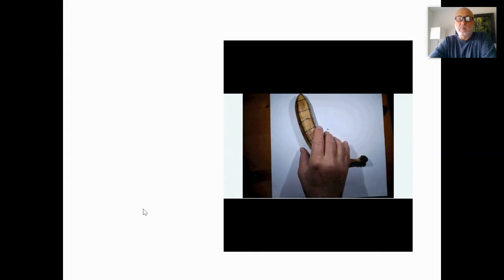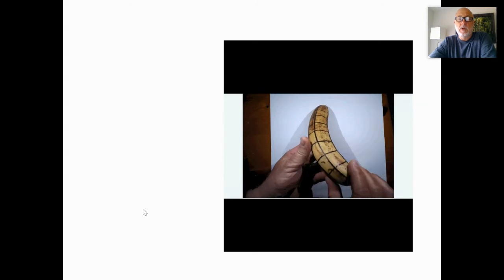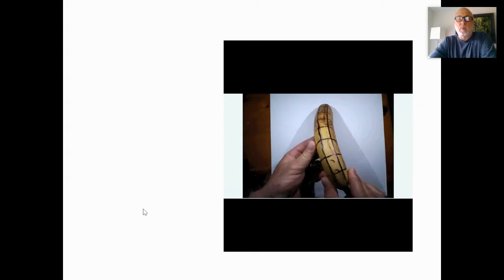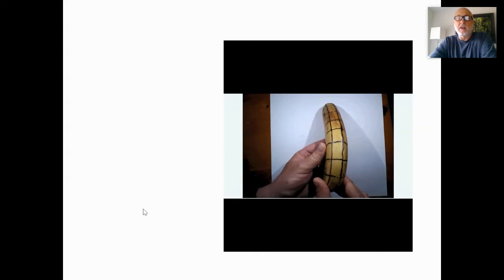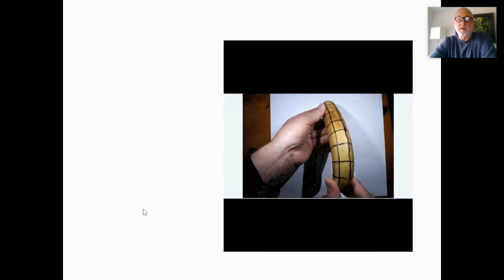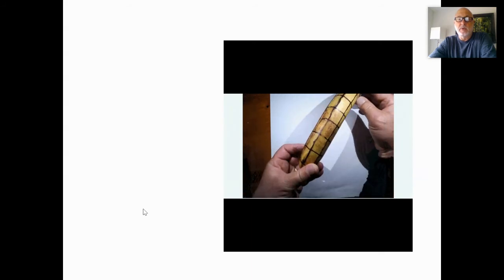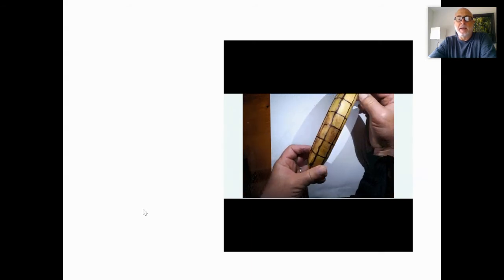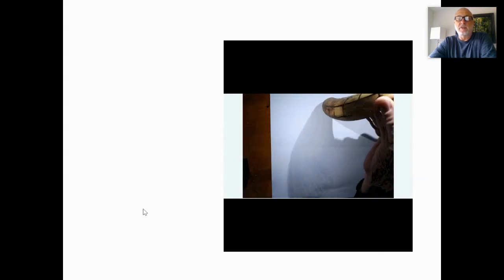So now let's look at this banana from different points of view. Notice as the banana moves away from us in this direction, the contour lines appear to be curving upward. But when we change our point of view and have the banana appear to be coming towards us, the contour lines are now curving downward.